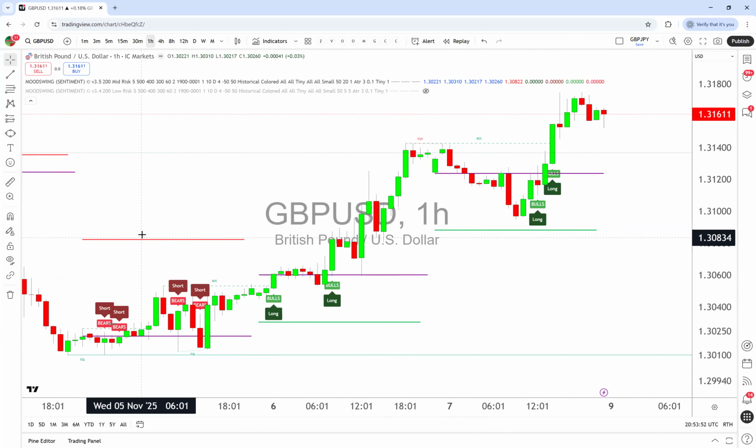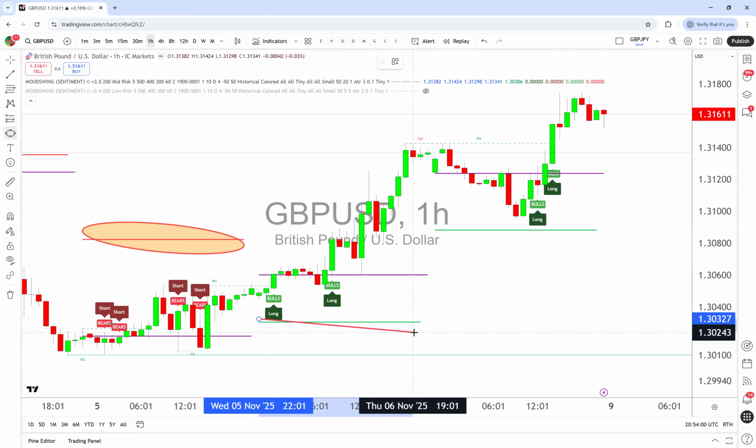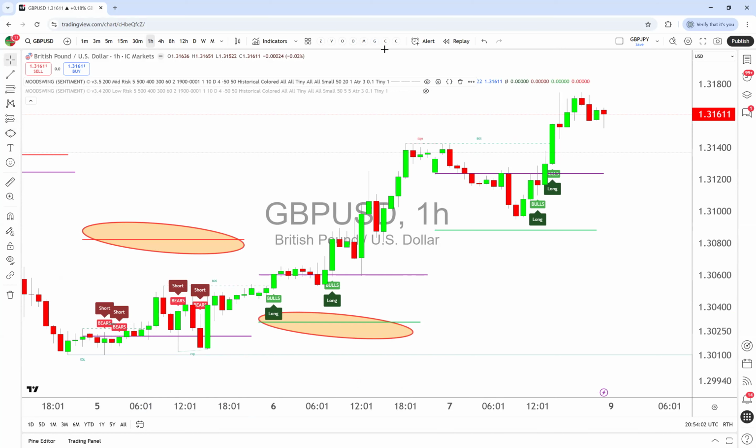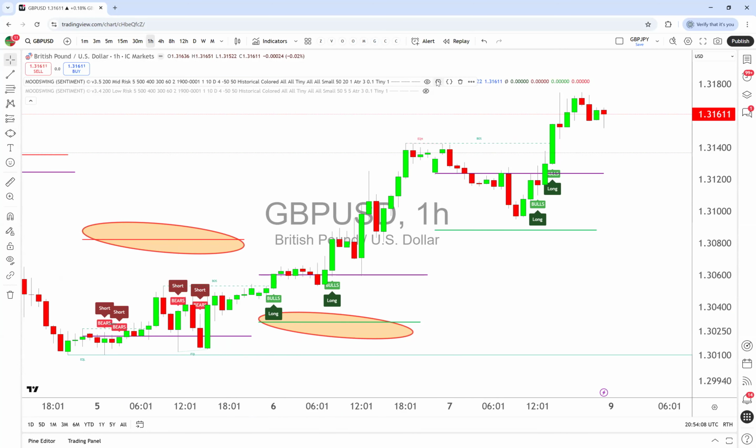Say, for example, this mood swing level is red, so we want to change it to shorts, and then this mood swing level is green, so we change it to bulls and longs. But if you notice here, I've actually got all of them switched on. So you don't need to change it anymore.